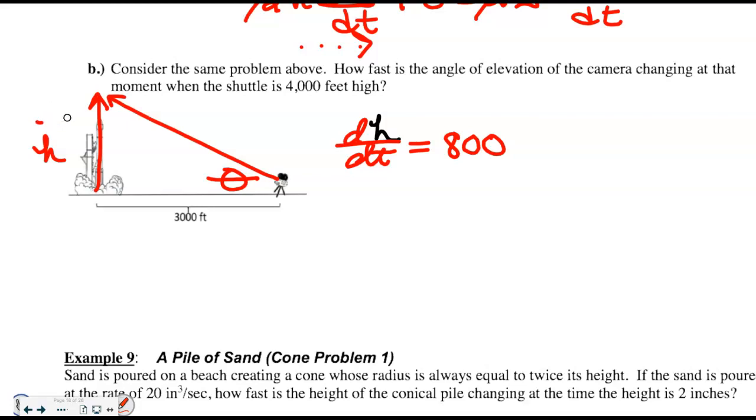Now, here's the deal. I need a relationship between h, 3,000, and theta. Yeah, tangent. Okay? Now somebody last hour, we put the z on there, and somebody said sine of theta is h over z. I said, you can do that, right?